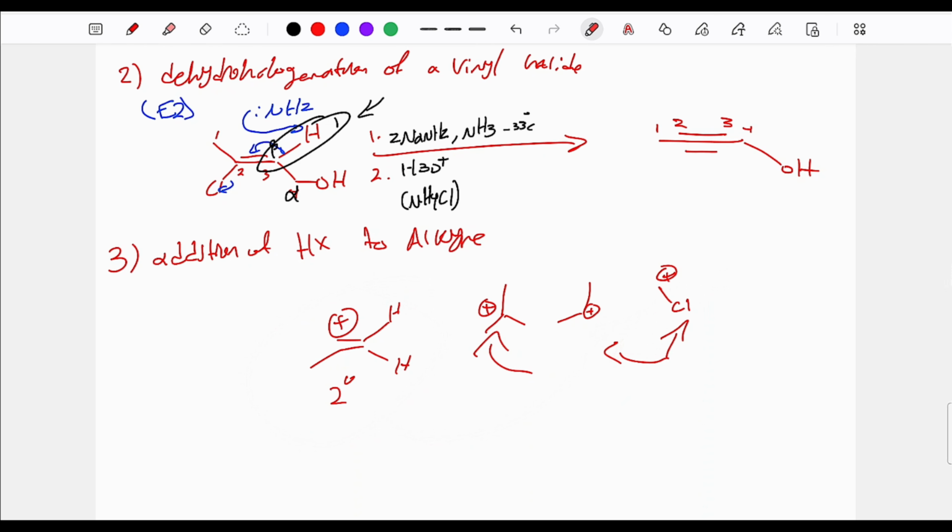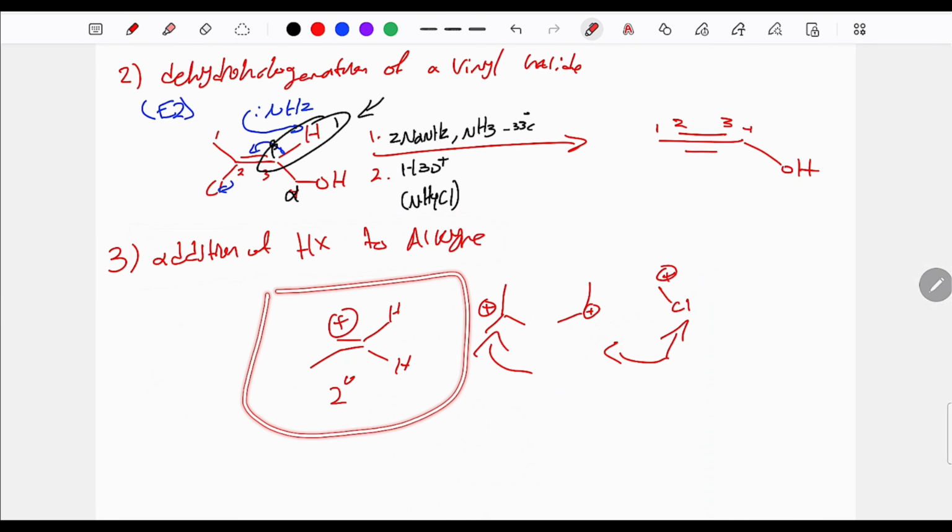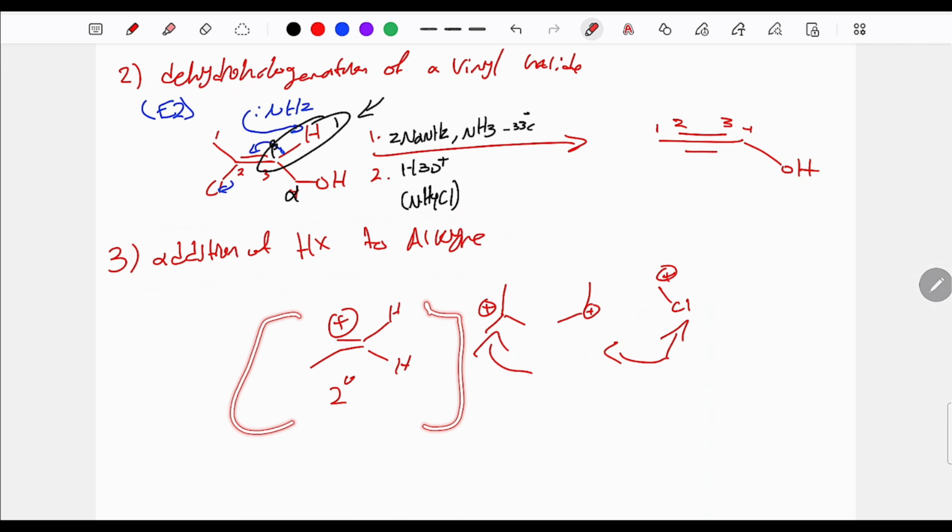And so depending on the kind of substituent that we start with in this reaction, the intermediate that we get, if it's going to be secondary, the reaction mechanism changes. If it's going to be primary, the reaction mechanism also changes, because remember, a primary vinylic doesn't want to form.